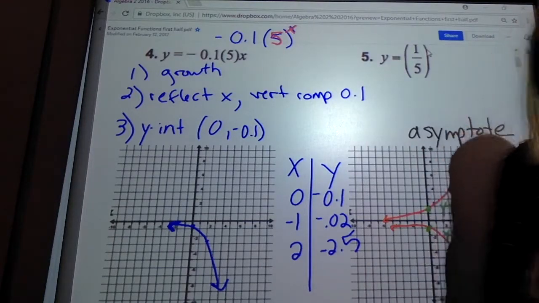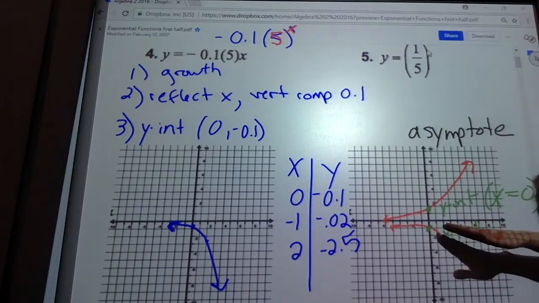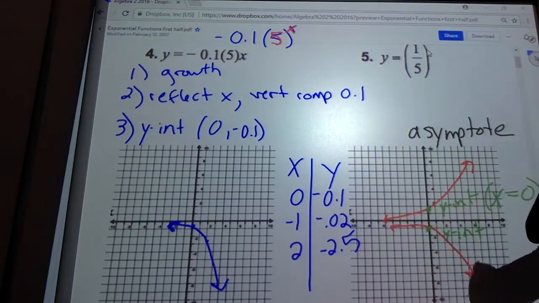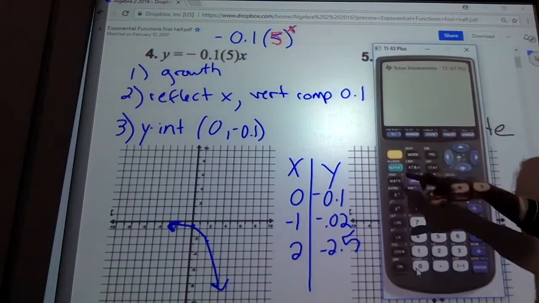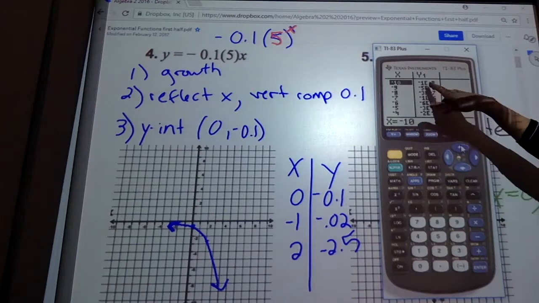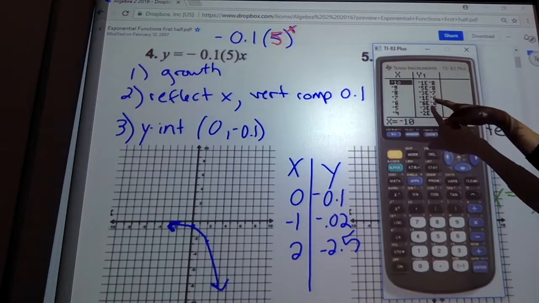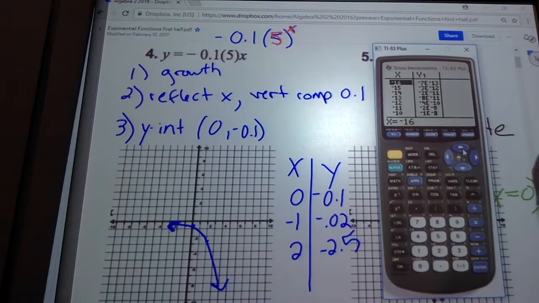We'll study those a little bit later, but that's what it is. It's a line that your graph gets closer and closer to, but will never touch. And you can see that on your table. If you keep going up, these numbers keep getting smaller and smaller, but no matter how far you go, you will never get 0. It'll get closer and closer to 0, but never get there.